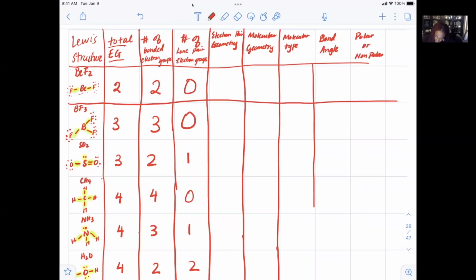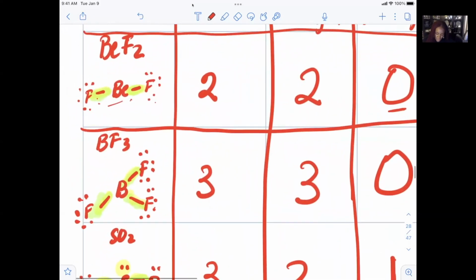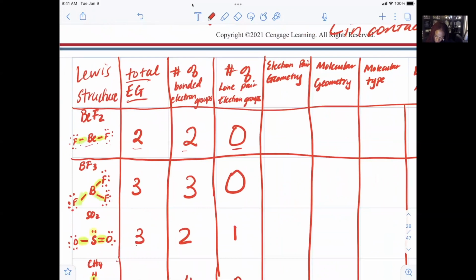Since all my surrounding electron pair groups around the central atom are bonded groups, these numbers match, and there are 0 lone pair groups. Since these are 2 groups, the name of the electron pair geometry is linear. That is the same name we have for the molecular geometry. Please notice molecular geometry is also called the shape of the molecule. In the shape of the molecule, all we really care about is the bonded groups.